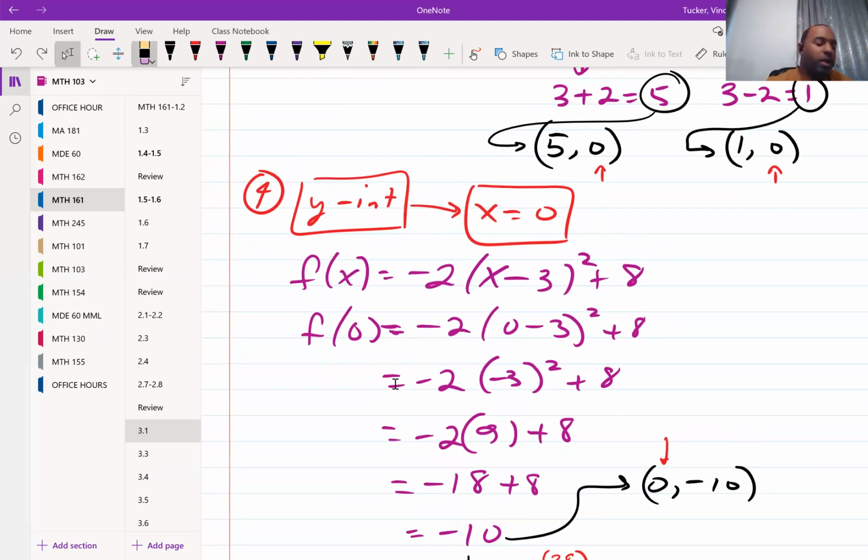And that is your ordered pair: (0, -10). Any problems?